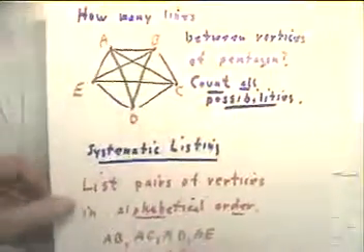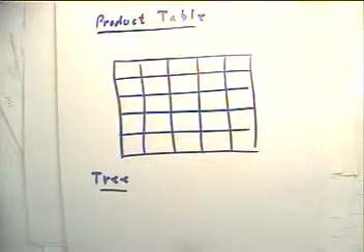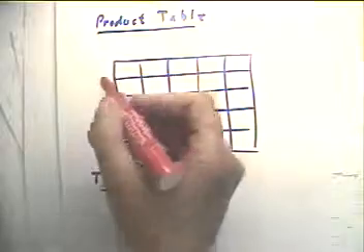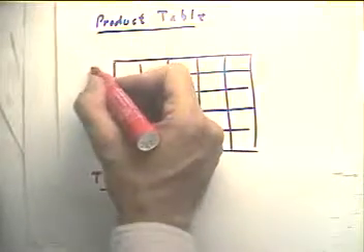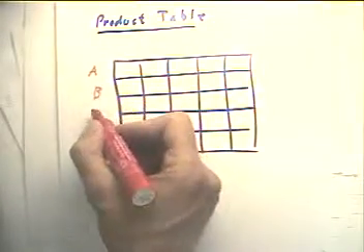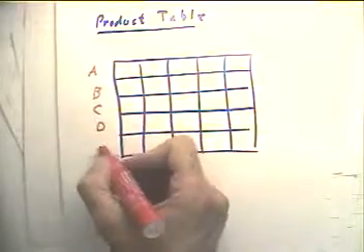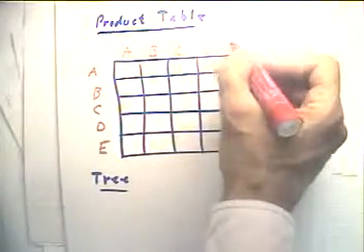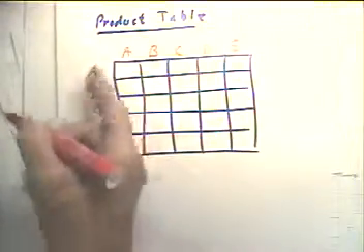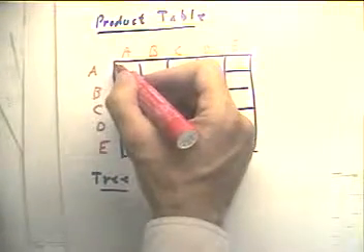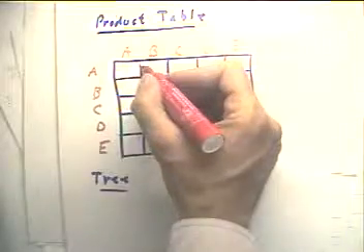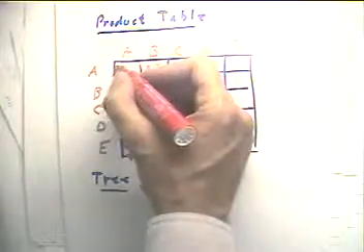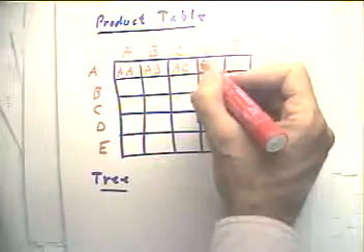There's another way to list these, and that's using what's called a product table. We could list the vertices again, A, B, C, D, and E, A, B, C, D, and E. Okay, and here we'd have, well, we're not going to list AA, but we'll list AB, AC. Well, let's go ahead and list all possible products.